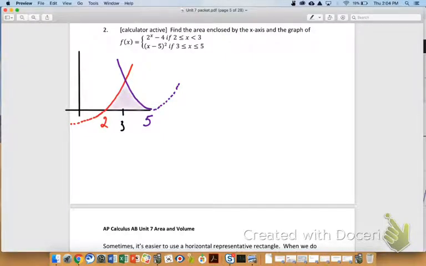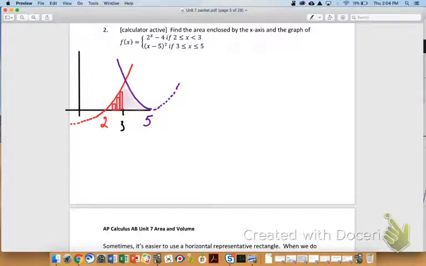Let me put it like this. I like this analogy. Would you guys agree that over here, the red graph is telling the representative rectangles how tall to be? And then right there when you get to 3, what happens? Now it's the purple graph that tells the representative rectangles how high to be.